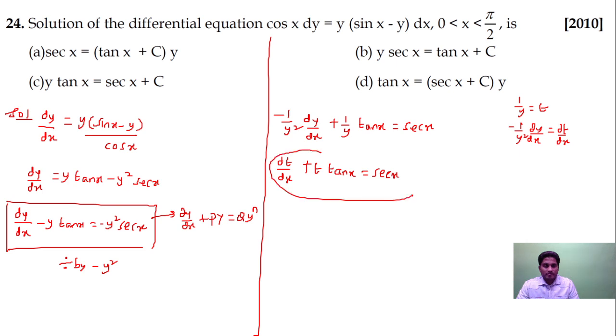Now this is of the form dt by dx plus pt is equal to q. Now the value of p will be equal to tan x, and the value of q will be equal to sec x.